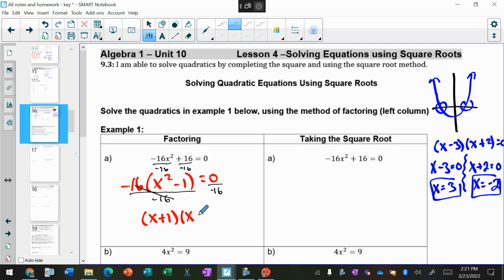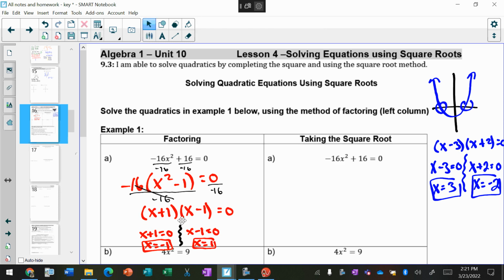This happens to factor into (x + 1)(x - 1). And then according to what we've done in the last few days, we will squiggle McWiggle our way down to our roots, setting each factor equal to 0. Add 1 to both sides to get +1 for one of our roots. Subtract 1 from both sides to get -1 for the other root. And that's what we did the last couple of days.